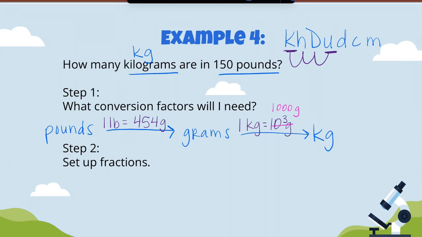So let's set up my fractions. I'm going to start with 150 pounds. And because my pounds are on top, I'm going to write pounds on the bottom. And I'm going to convert to grams. And I know from my conversion factor that there are 454 grams in 1 pound.